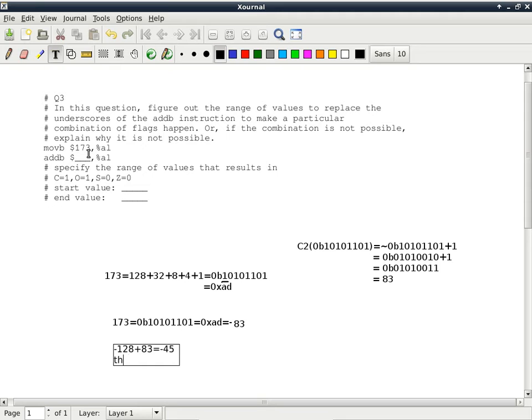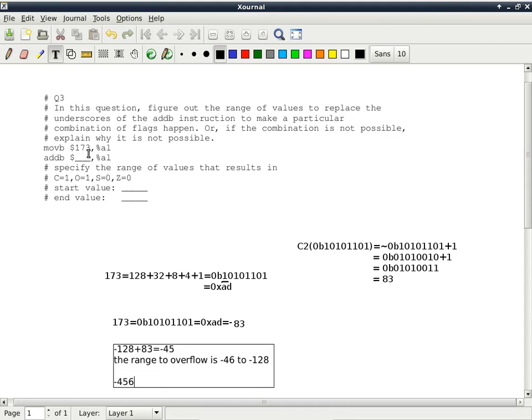Okay, so the range to overflow is negative 46, which is the first value that will overflow it, to negative 128. But I'm not feeling so confident that negative 46 will do the trick. So what do I do? Check it. How do we check something like that? Turn it into binary.